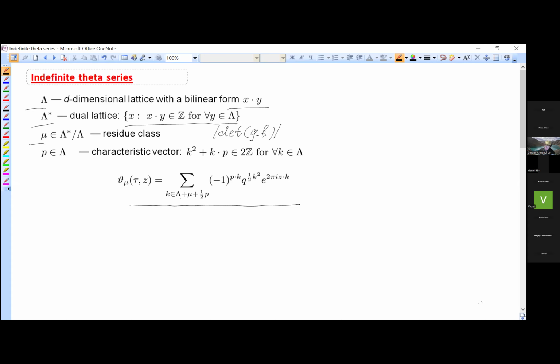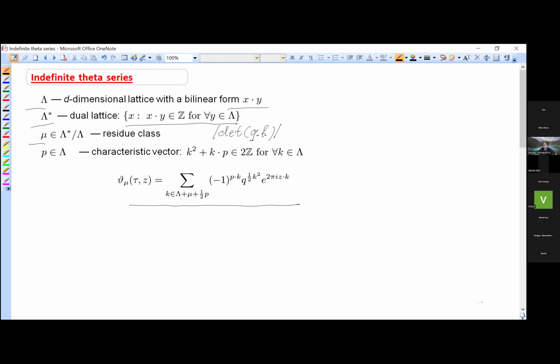All right, and the characteristic vector, what is it? It belongs to lambda. Yes, and if its square is even, then you can put it to 0. But if it's odd, then roughly speaking, you can take it equal to some basis element of the lattice.